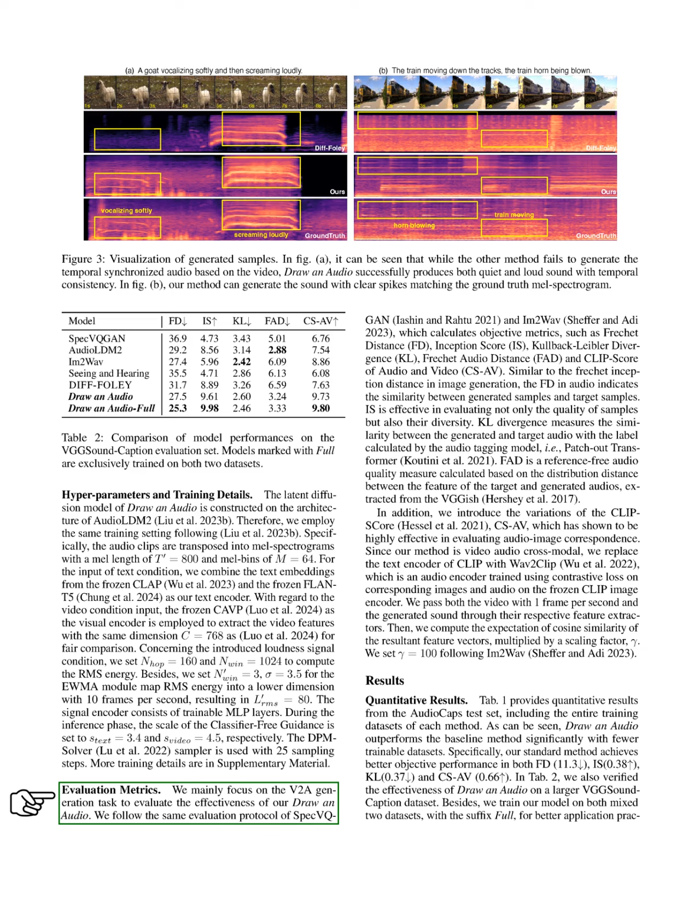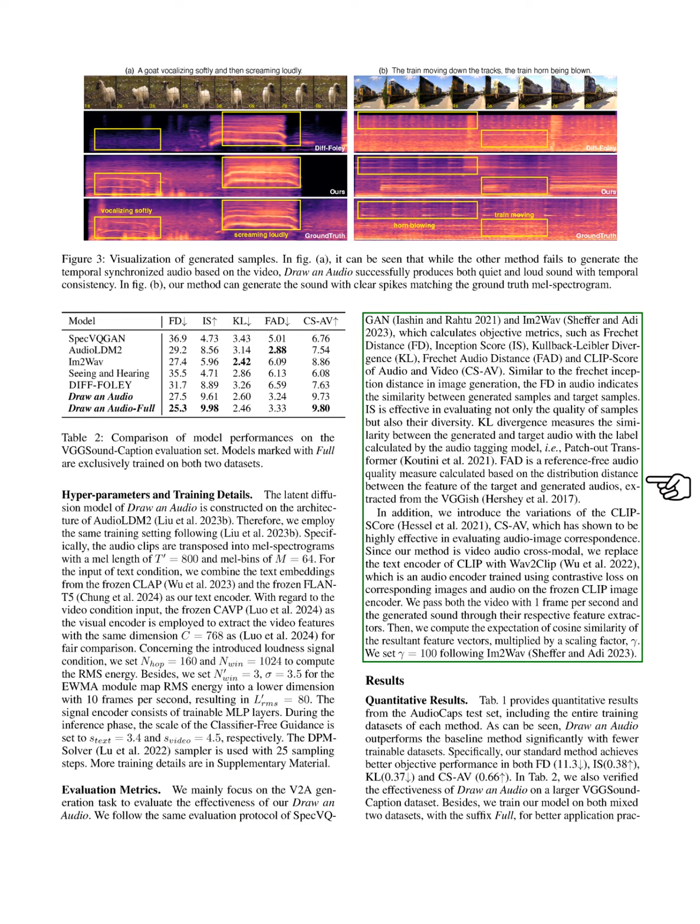To evaluate the effectiveness of Draw an Audio, we focus on the V2A generation task, following the evaluation protocols of Spec VQGAN and Im2Wav. We calculate objective metrics such as Frechet distance, inception score, Kullback-Leibler divergence, Frechet audio distance, and clip score for audio and video.